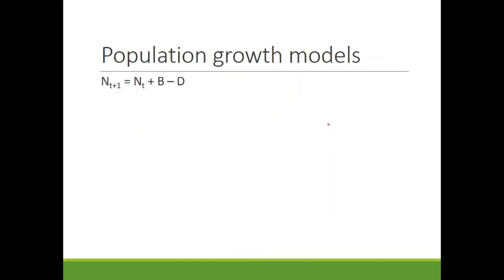So what we're going to be doing is a little bit of algebra here, right? So we have our original population growth model here, but let's bring this over here, and we get N of t plus 1 minus N sub t equals births minus deaths. So this is essentially just going to be the change in the population size is due to births and deaths here.